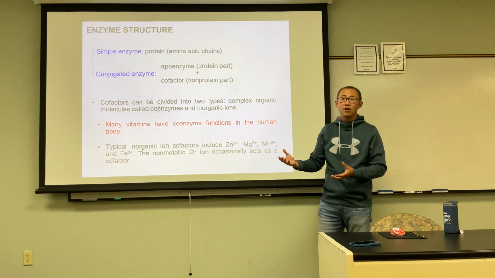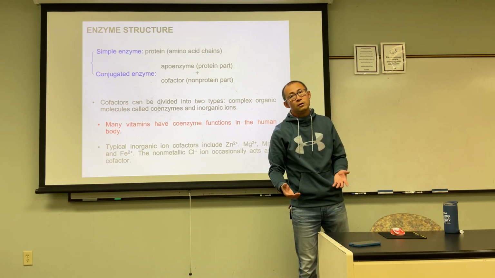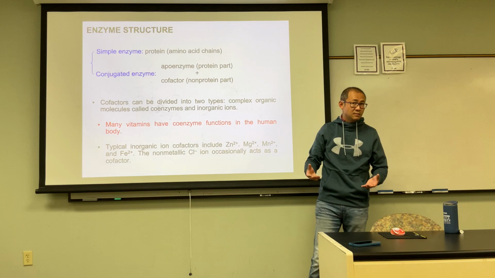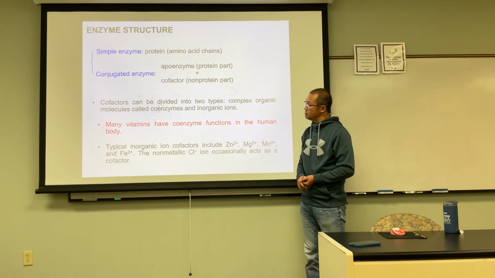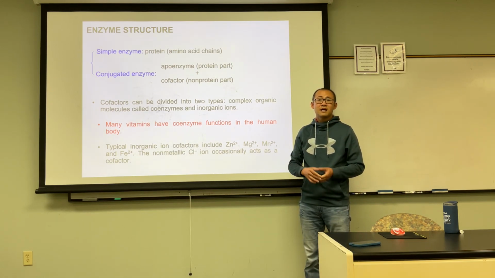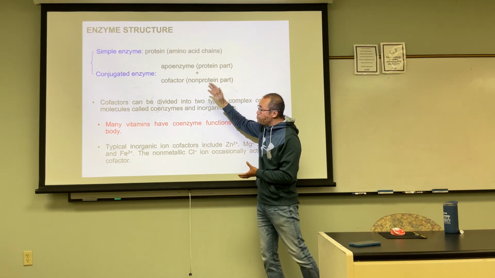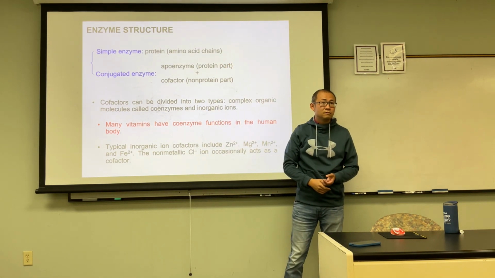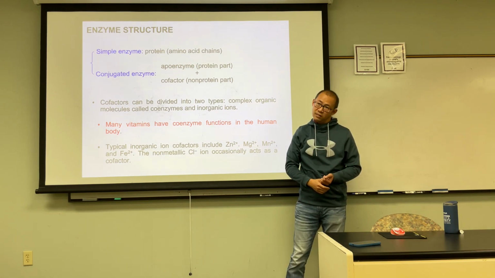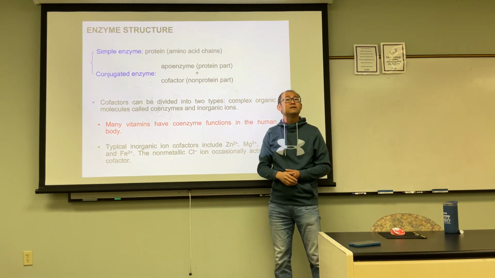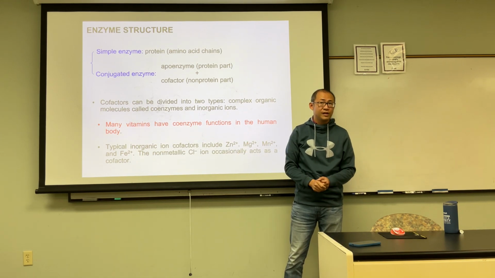Just like proteins, we call them simple proteins. But many enzymes, I would say most of the enzymes, contain not only the protein part, but something else. We call those enzymes conjugated enzymes. Most enzymes are conjugated enzymes.